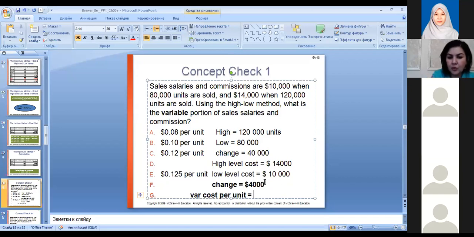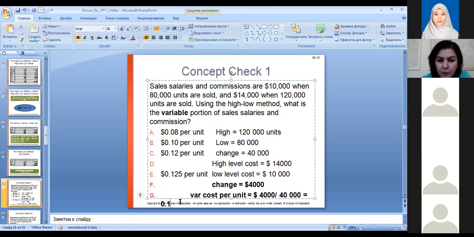So 4,000 divided by 40,000, right? So it is 0.1.